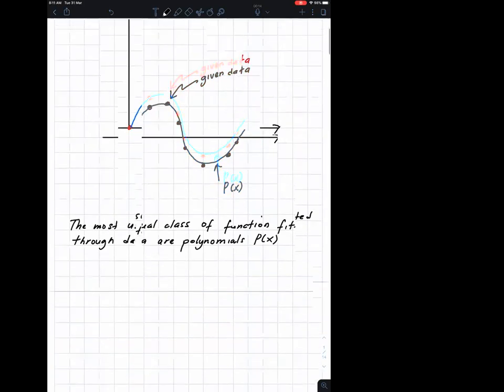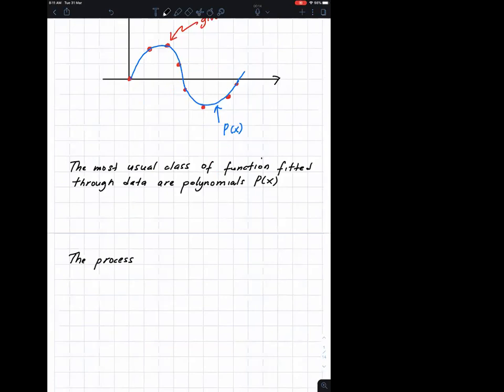Since there's some latency, I'm going to write first and then talk. In that way, it will match.